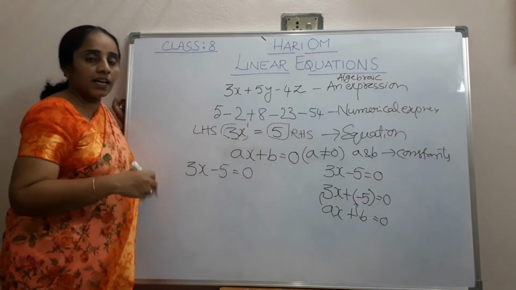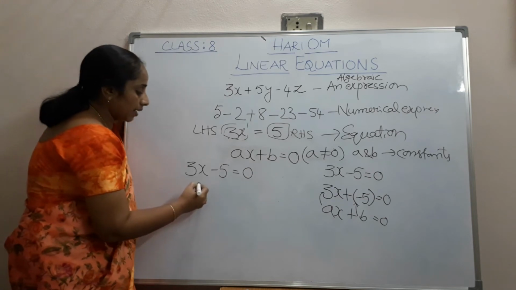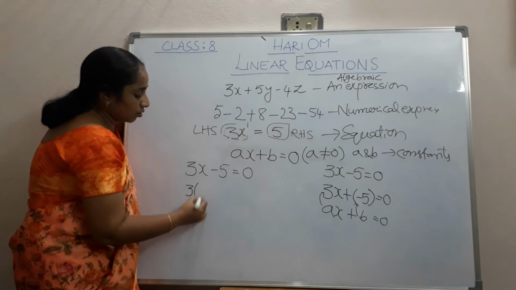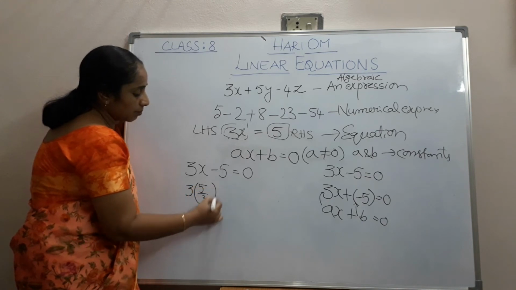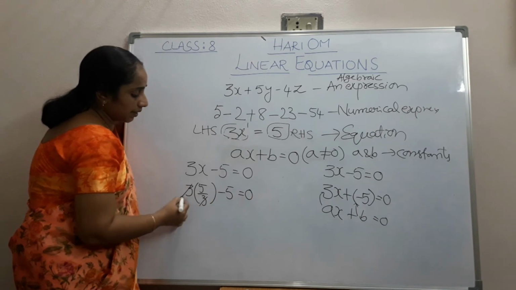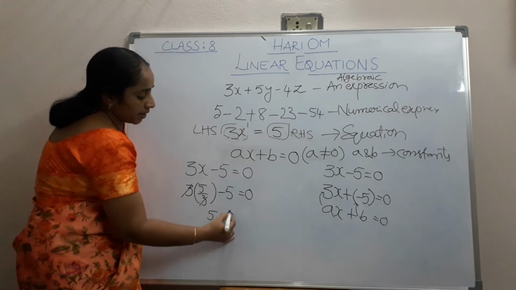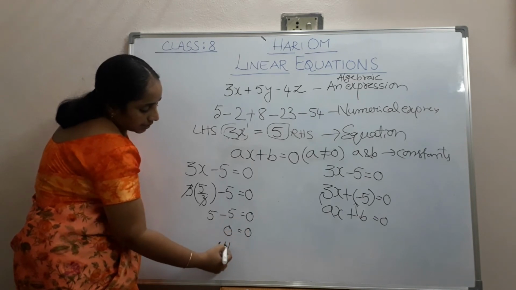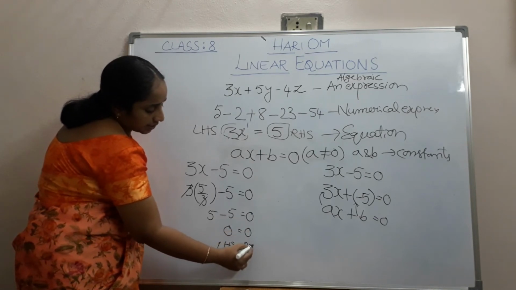By our general assumptions, substituting 5 by 3, it is 3 into 5 by 3 minus 5 is equal to 0. 3 gets cancelled, 5 minus 5 equal to 0, 0 equal to 0, LHS is equal to RHS.